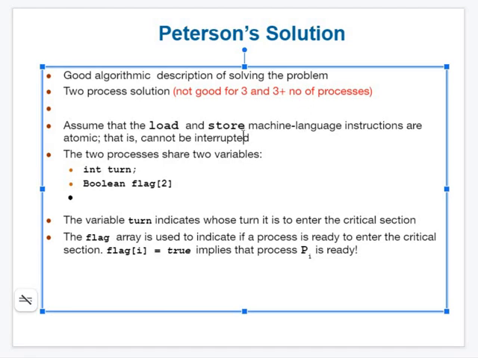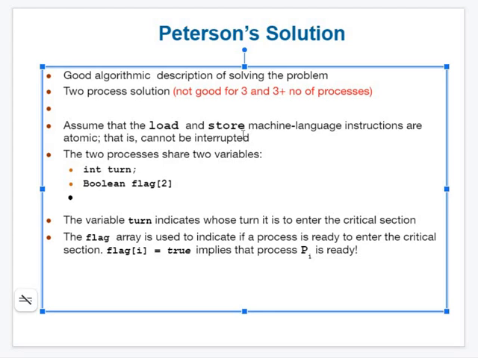So how does it work? Peterson solution provides the best solution for the critical section problem, in which two processes alternately execute in one common critical section. If we assume two processes P0 and P1, if P0 is executing, P1 should wait.